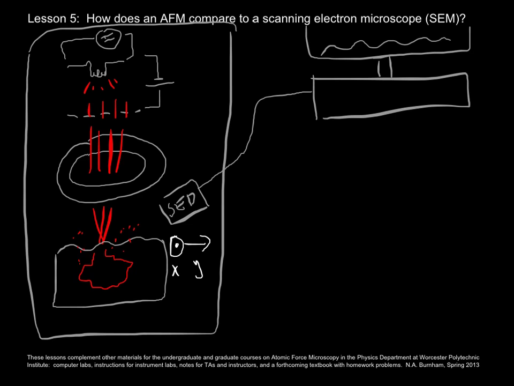So this image is the current from the secondary electron detector as a function of the XY position of the beam. So note what's going on here, that everything is done in a vacuum, and because the probe is a beam of electrons, if that sample were not conducting, all the electrons would collect.